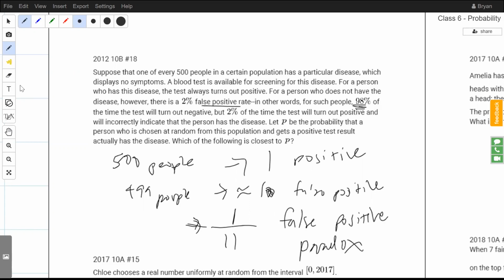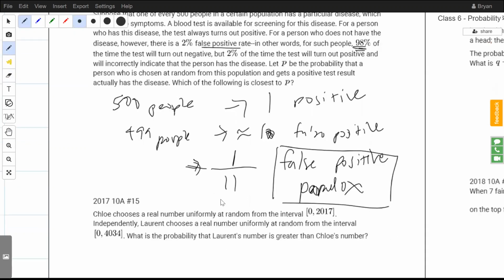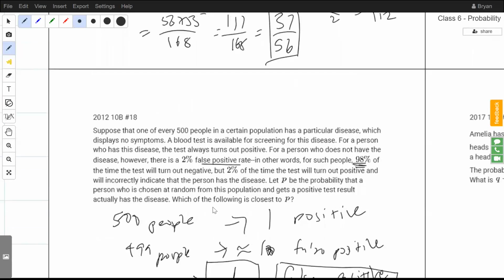It's a cool thing that you can look into later. It doesn't really have much to do with the actual math here, but it's an interesting thing. So yeah, look this up. It's cool. So yeah, the answer is 1/11. It seems sort of small, but it's the answer.